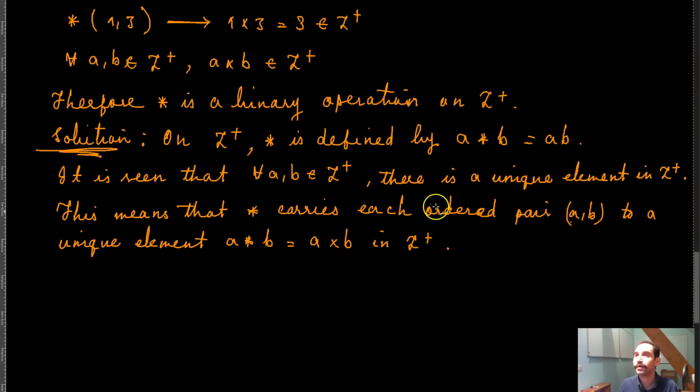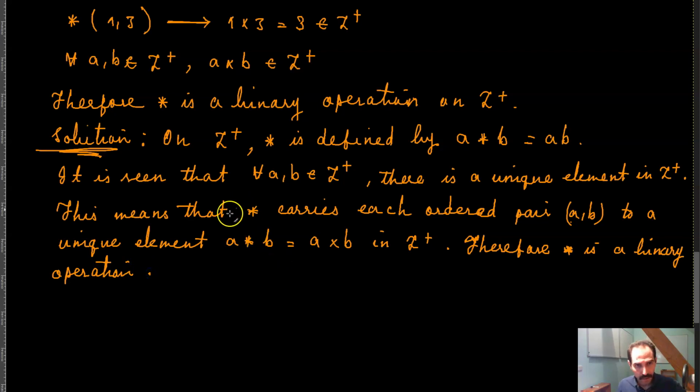Therefore, star is a binary operation. So that is the way that you can write it.